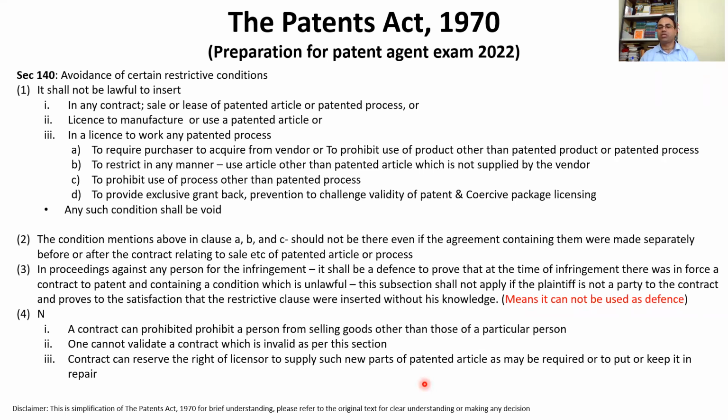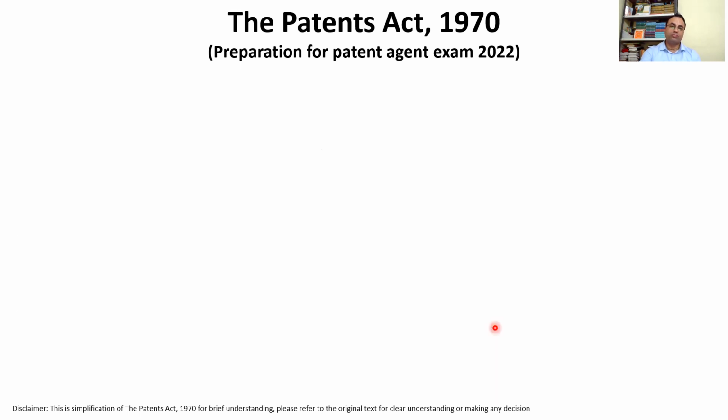In very simple language. But what I can do is say that in future also you have to purchase these parts from me only. Those kinds of clauses can be there, so that is allowed.